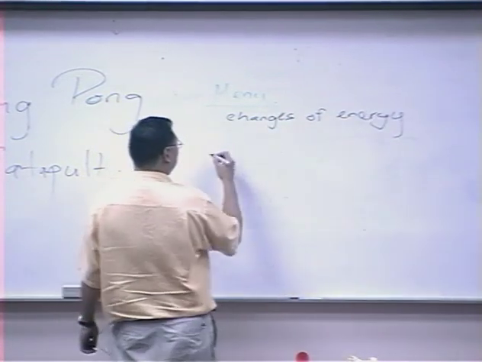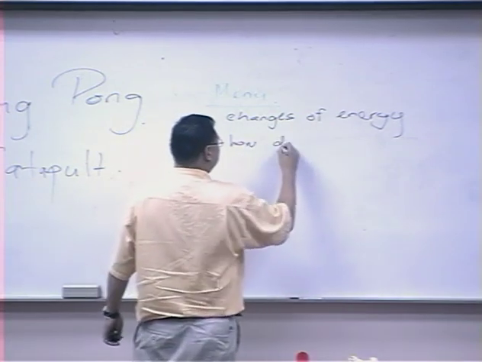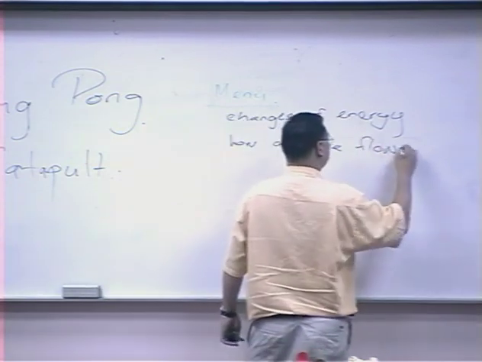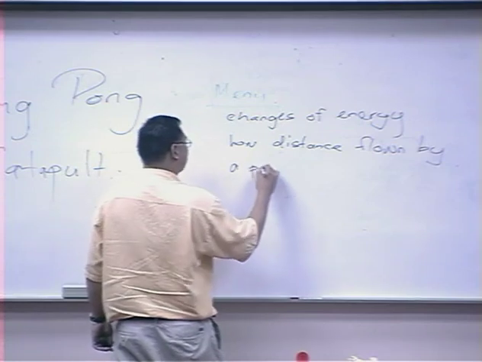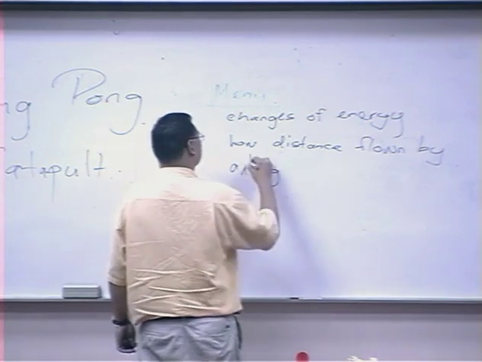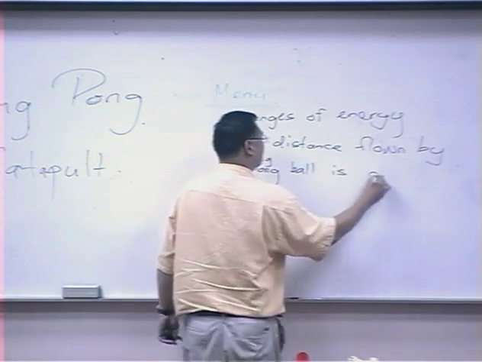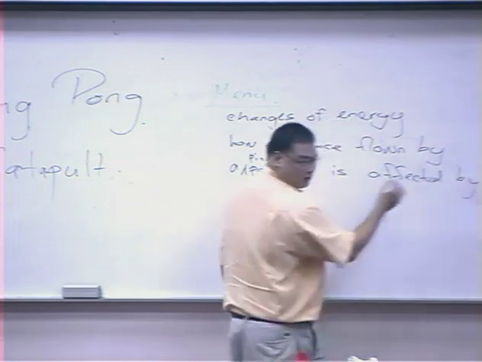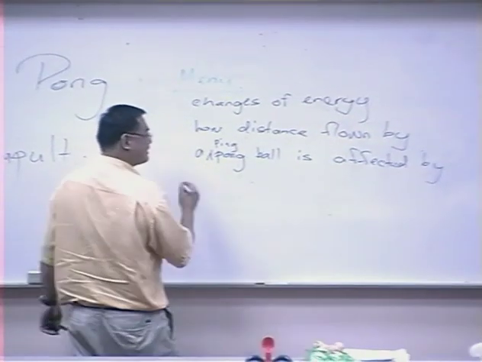So we'll study how distance is flown by a projectile, so in this case a ping pong ball. And the variables involved here will be the number of rubber bands.